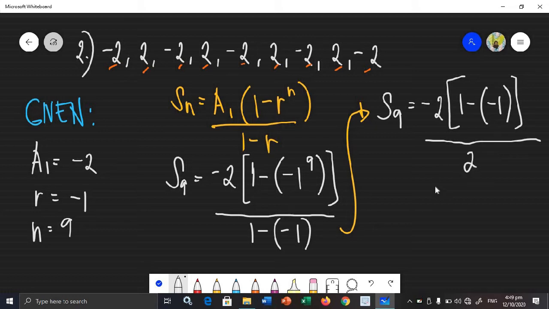Right? This is the answer. So, there are some errors in your module. I'm so sorry. No? Because what is written in the denominator of your modules is 1 minus 2.